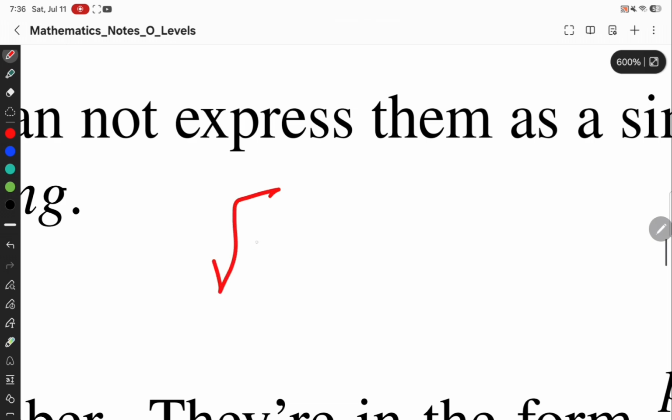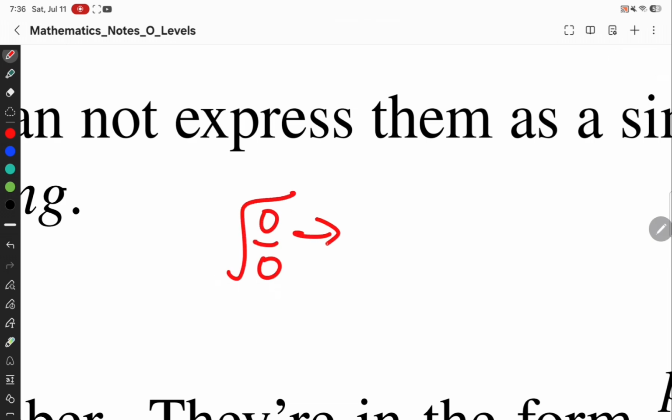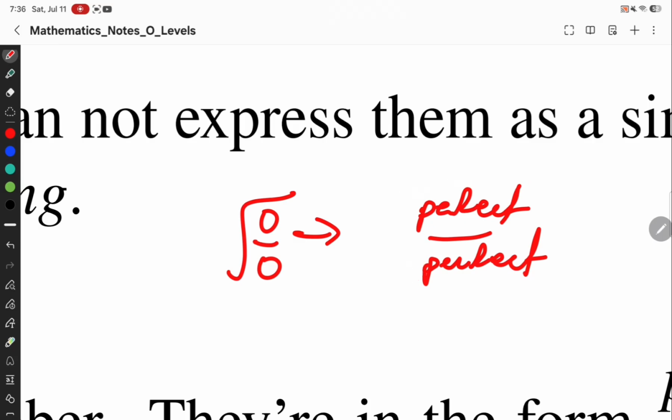If the square root has a fraction, and the fraction is not a perfect square or cube, then this is also an irrational number.